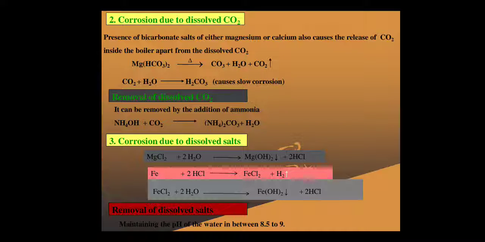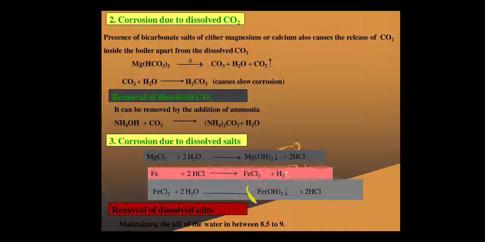The third cause is due to dissolved salts of strong acid and weak base. So MgCl2 is a salt of strong acid and weak base. In excess water, it forms magnesium hydroxide, Mg(OH)2, and releases HCl. As HCl is released, being an acid, it is corrosion causing, and FeCl2 is one of the salts of hardness of water.